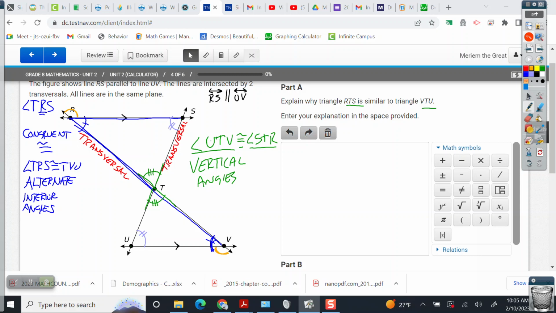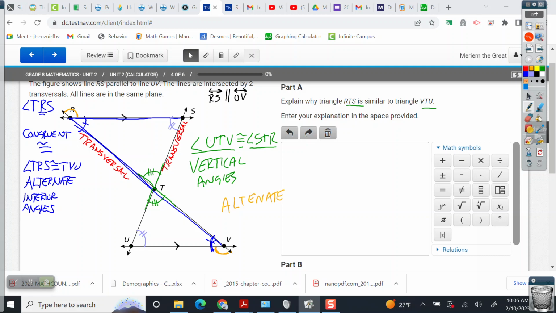Are they on the alternate side of the transversal? Ryder, you're the opposite man. So are the orange angles on the opposite side or the alternate side of this transversal right here? You don't sound sure about that. You want to try again? Yes, okay. So the orange angles are definitely on the alternate sides.